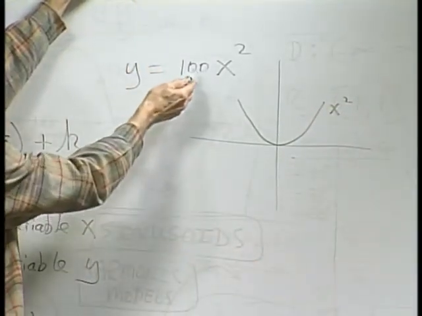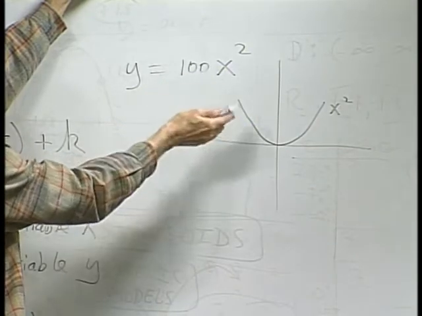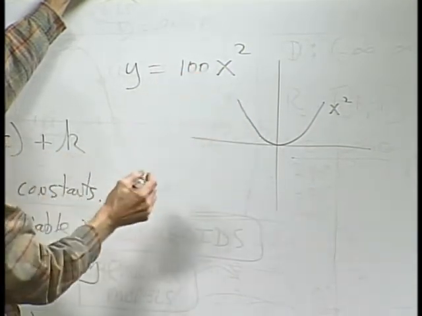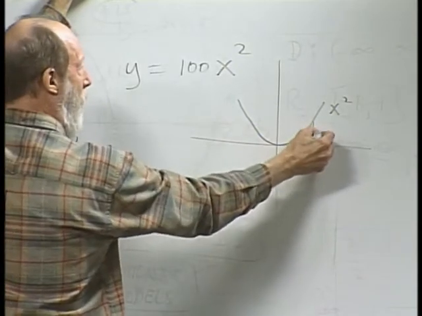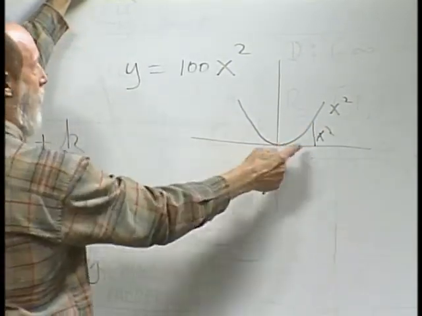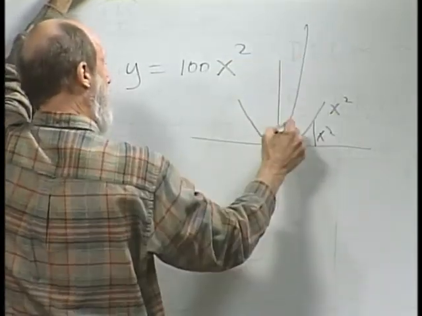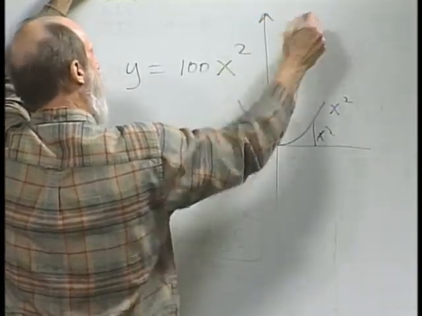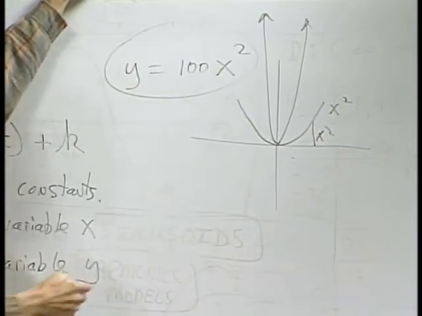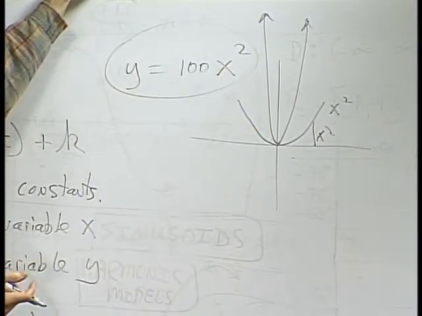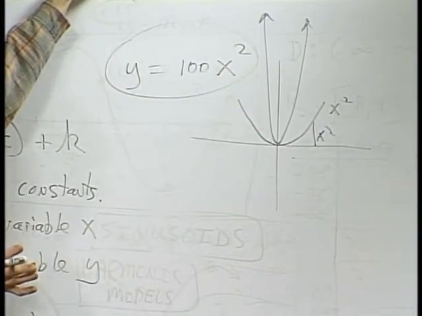This thing is 100 times as tall on the graph, isn't it? This thing is x squared tall, and so you're multiplying those y readings, those outputs, by 100, and you're going to get a tall, skinny-looking parabola for this thing. You're good at that. Do you see where we're going with this?